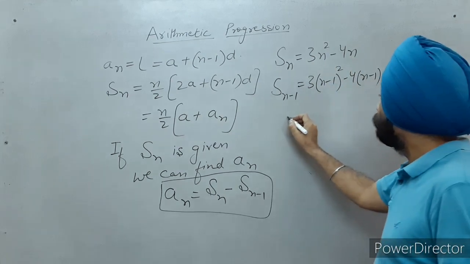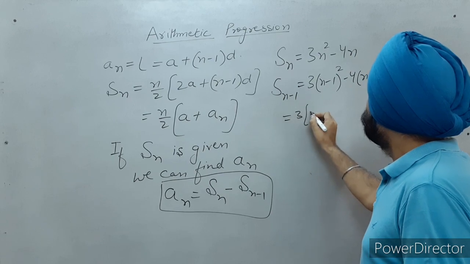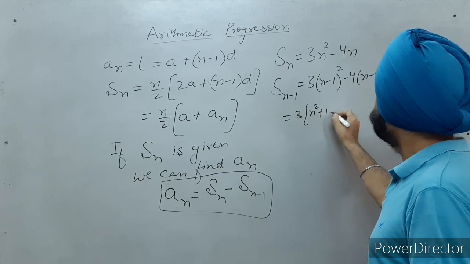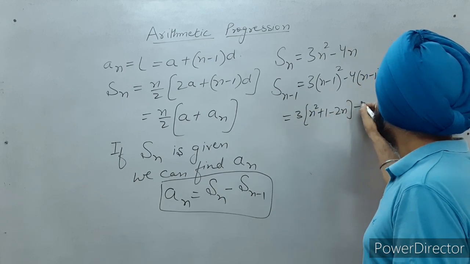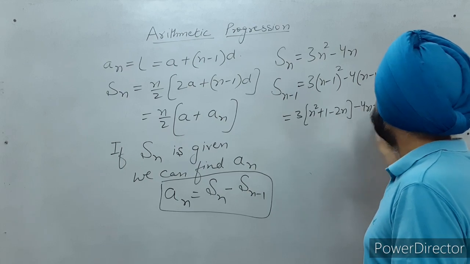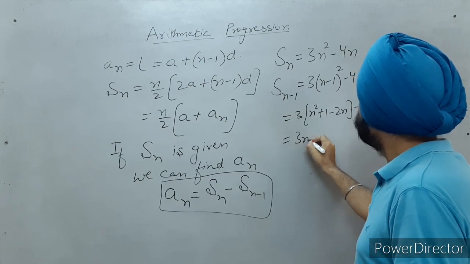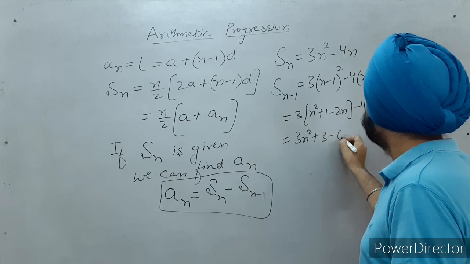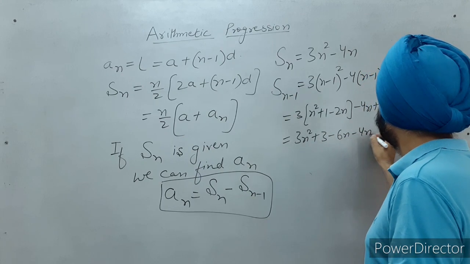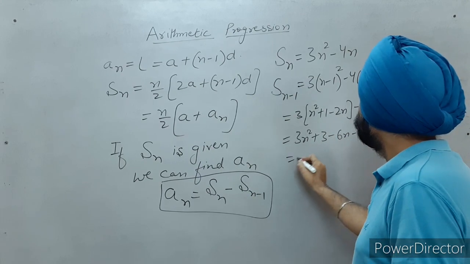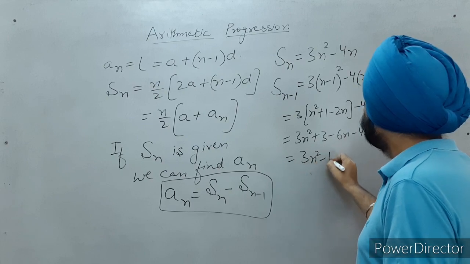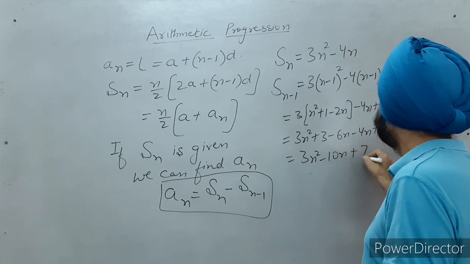Now just open the brackets. I get 3 times n square plus 1 minus 2n, minus 4n plus 4, that is 3n square plus 3 minus 6n minus 4n plus 4, that is 3n square minus 10n plus 7.